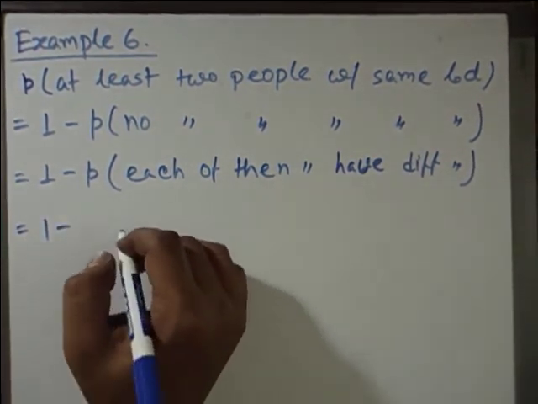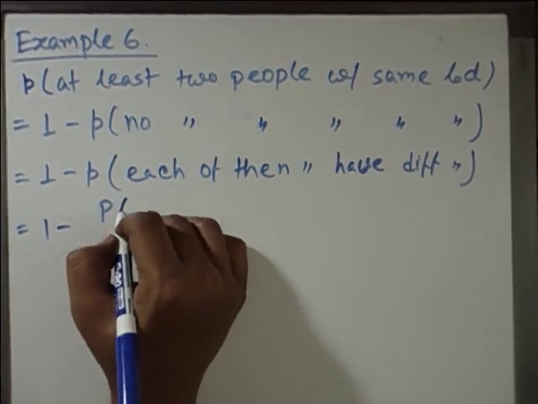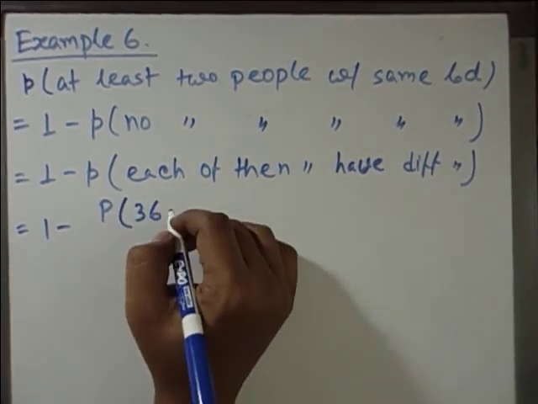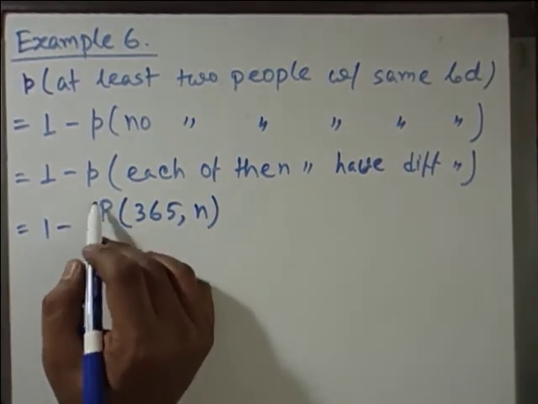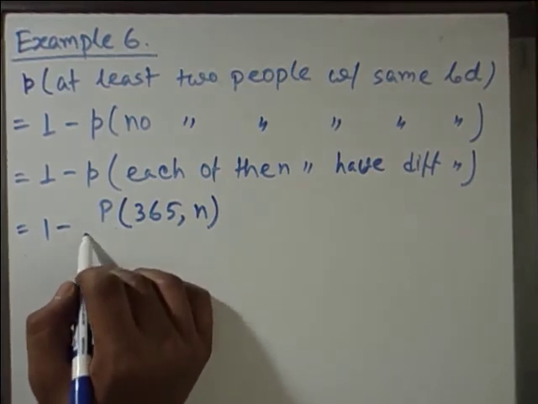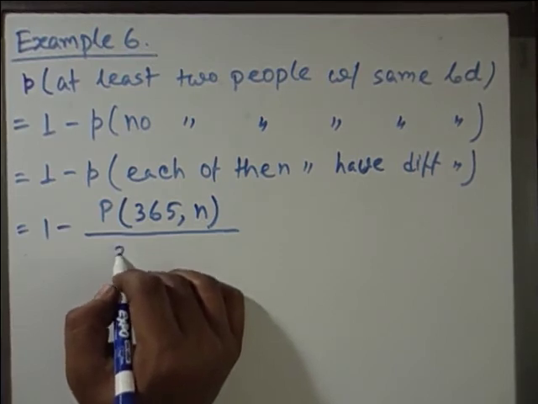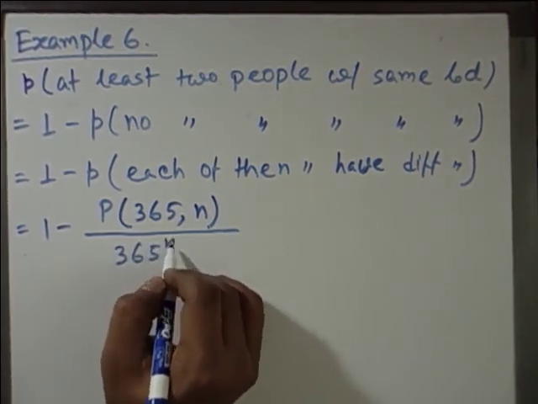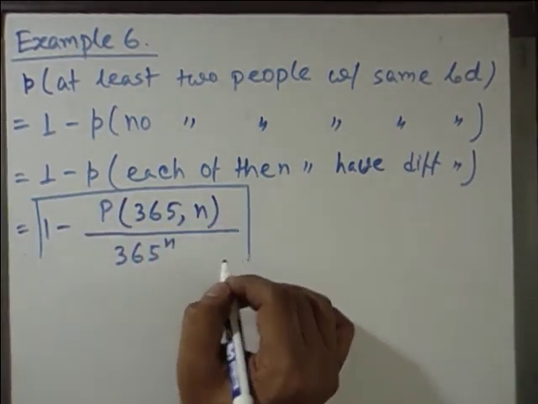How many different ways can that happen? We know from the counting examples: P(365, n). Now this P is for permutation, not probability, remember that. And what's the denominator? 365 to the power n. That is your answer.